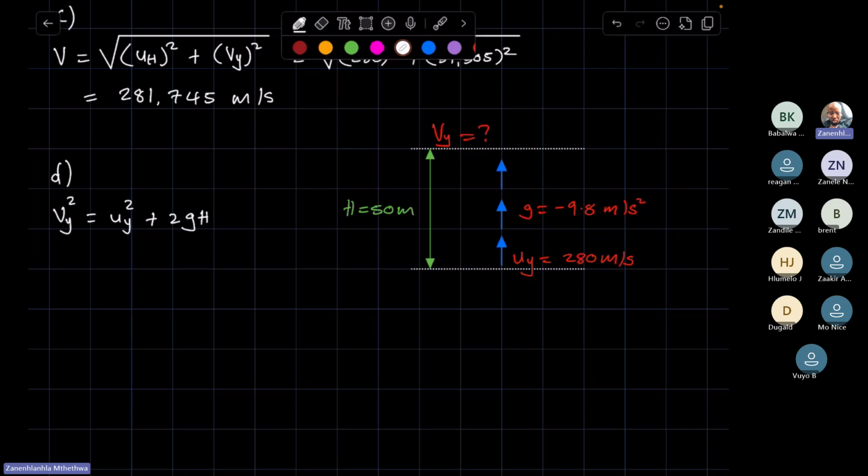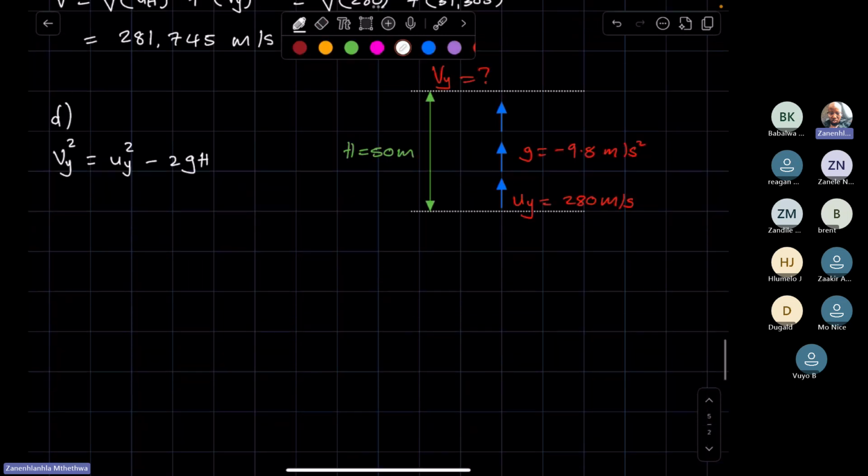And because g is negative, it means that will be negative. We're looking for Vy, so Vy squared, Uy is 280 squared minus 2 into 9.8 into 50.